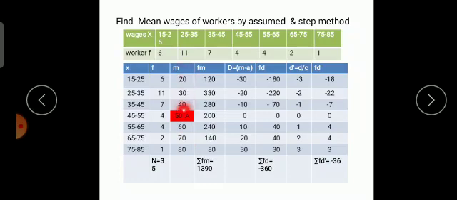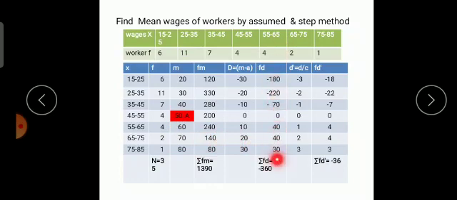So 20 minus 50 you get minus 30, 30 minus 50 you get minus 20, 40 minus 50 you get minus 10, 50 minus 50 is 0, 60 minus 50 you get 10, 70 minus 50 you get 20, 80 minus 50 you get 30.